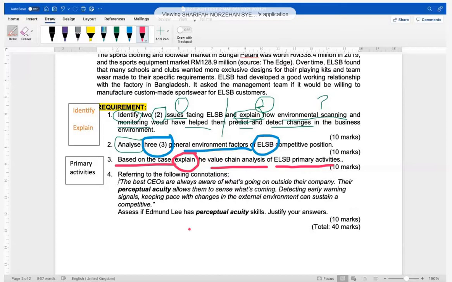So the same goes for the one that you have down here. What is it that you have down here? Referring to this statement: the best CEOs are always aware of what's going on outside their company. Their perceptual acuity allows them to sense what's coming.